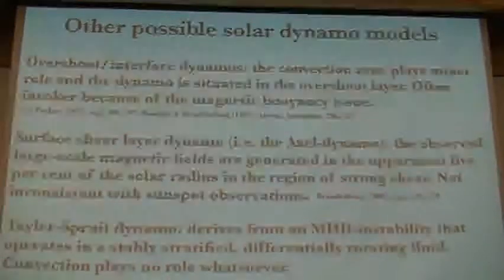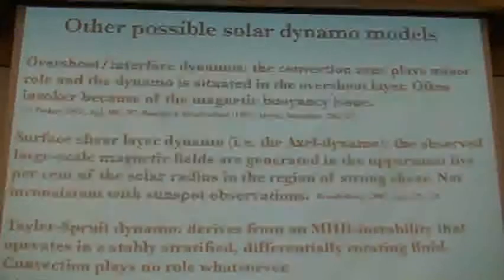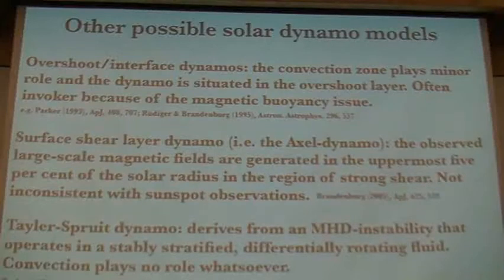And then we have what is sometimes called the Tayler-Spruit dynamo, which basically works off the Tayler instability, or it could be some other instability, in the differentially rotating but stably stratified fluid below the convection zone.